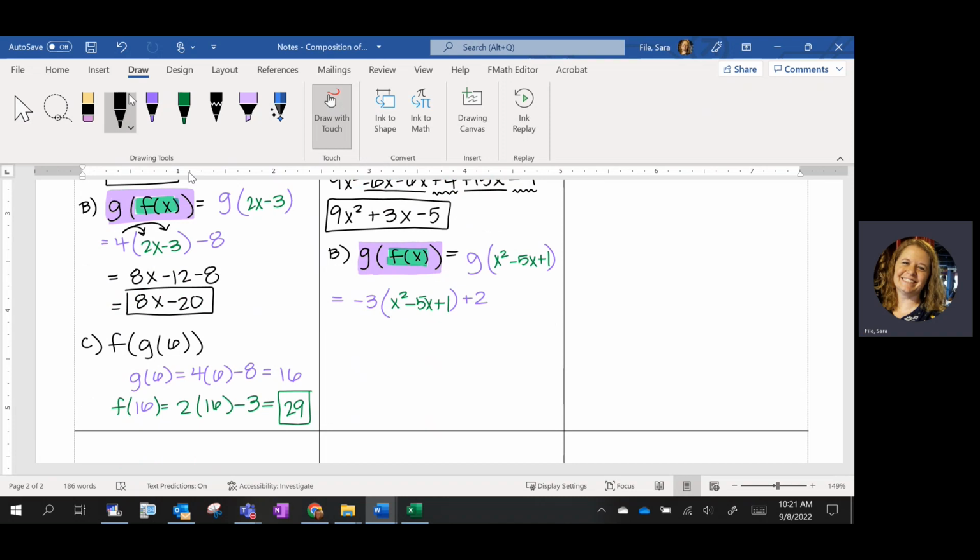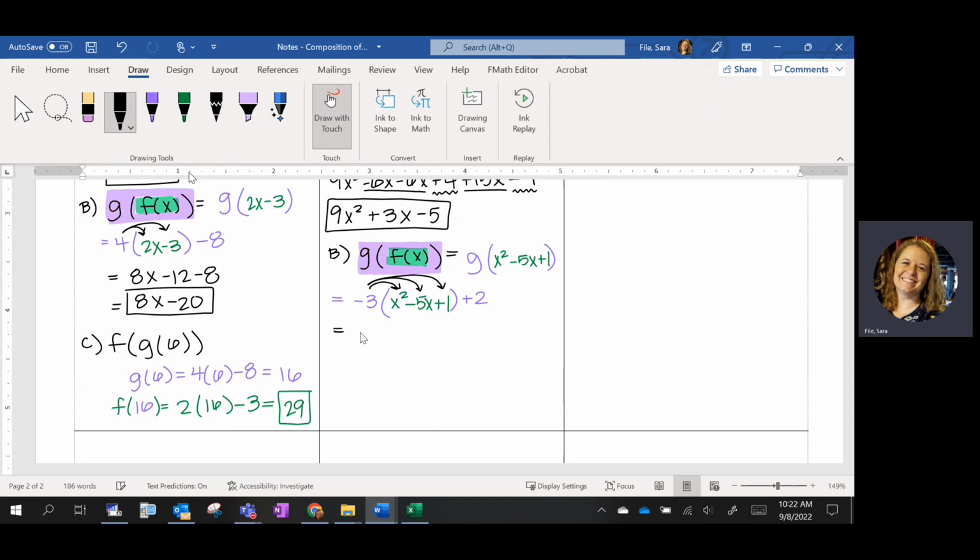All right, so this simplifying is actually a bit easier than part A because I don't have to square a binomial. I don't have to FOIL. The only thing I need to do to get rid of these parentheses is distribute. This one's a trinomial, so I'm going to distribute that negative 3 to all three terms in there.